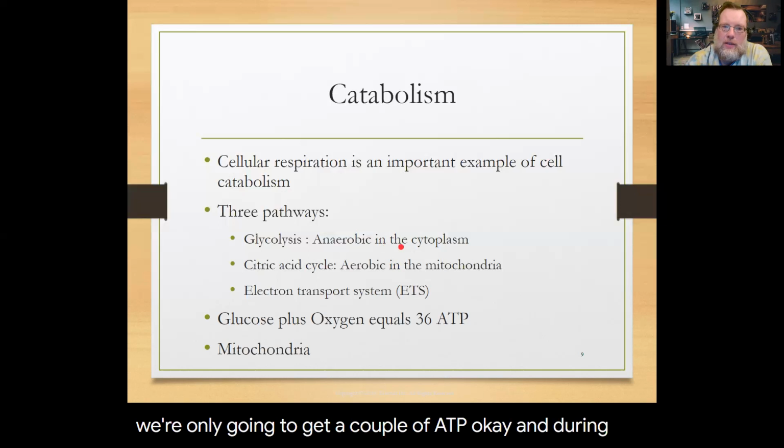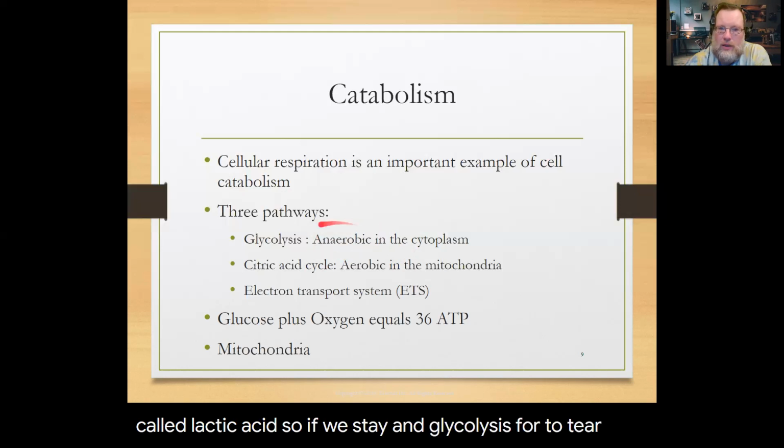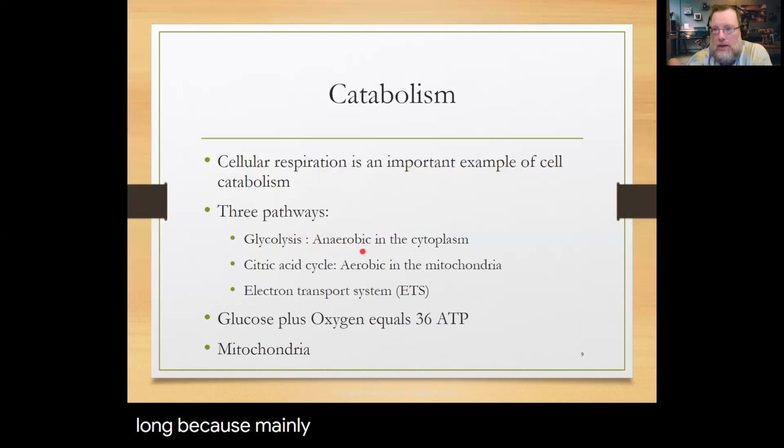And during this glycolysis process that doesn't use oxygen and only gives out a little bit of ATP, it also gives out a byproduct called lactic acid. If we stay in glycolysis for too long, mainly because we don't have enough oxygen, we're in what we call an oxygen debt.